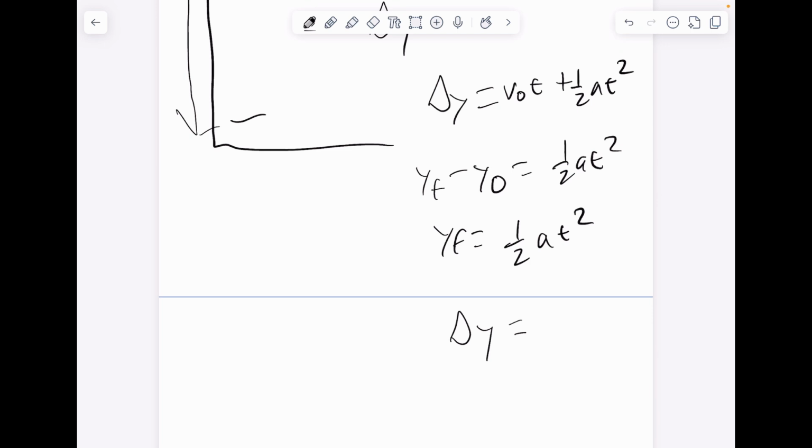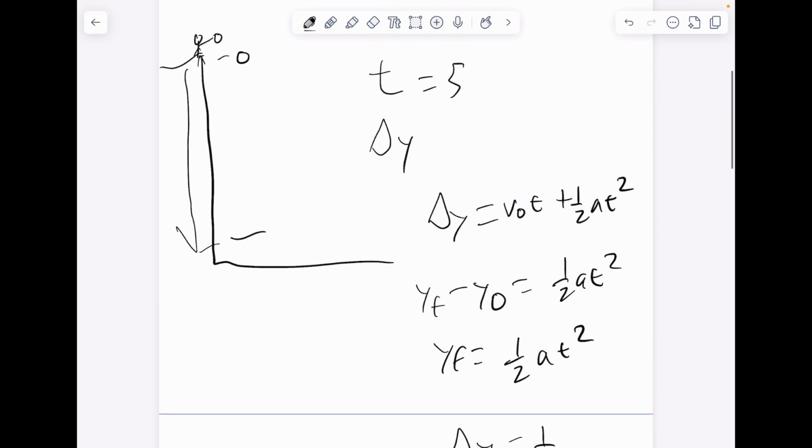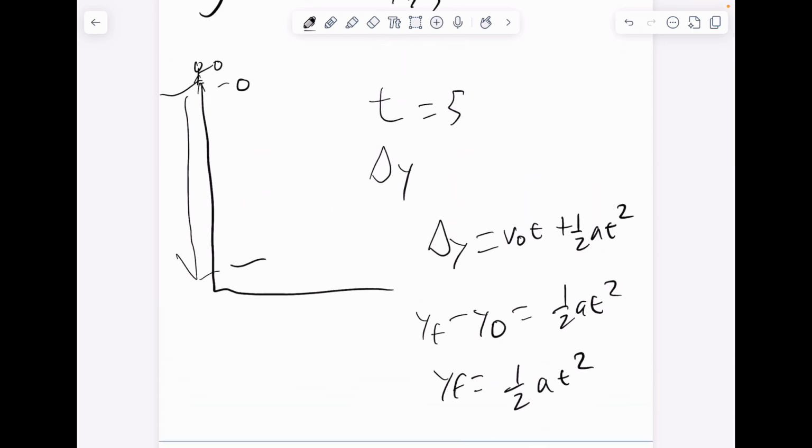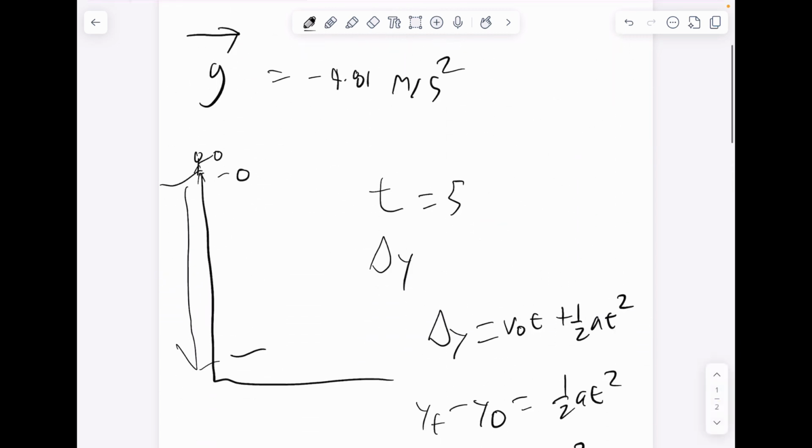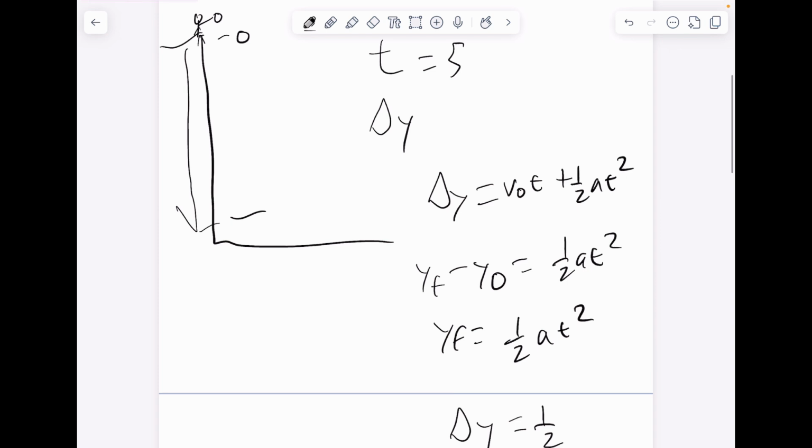And then we substitute what we do know. We know that time is 5, and our acceleration due to gravity is 9.81, but we'll use 10 for convenience this time. And we know this because it is a ball. Vertically, it's going down towards the Earth with that acceleration, and there's no other force acting on it. So from that, we can determine that the acceleration is simply caused by gravity.